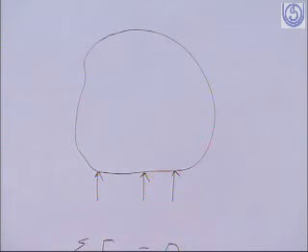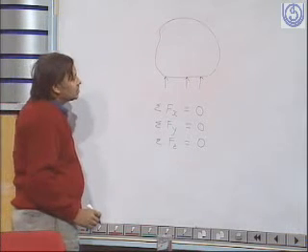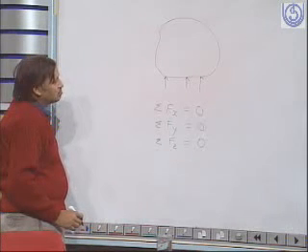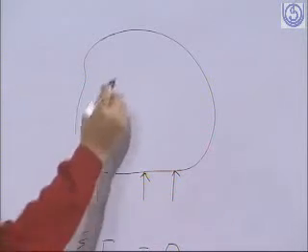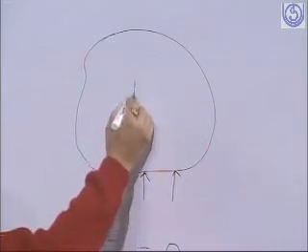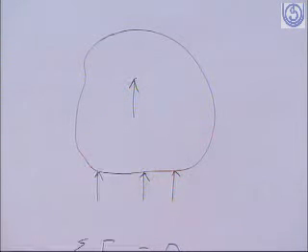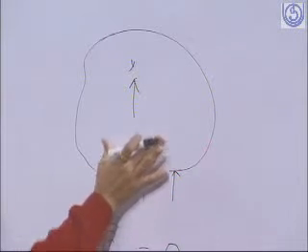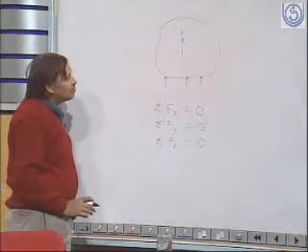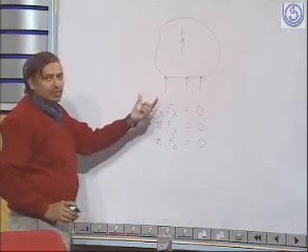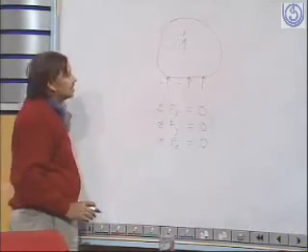Say the sum of the forces in the y direction is not equal to 0. So what will happen? It will move in the y direction. So it will not be in static equilibrium, or it will tend to move in the y direction.